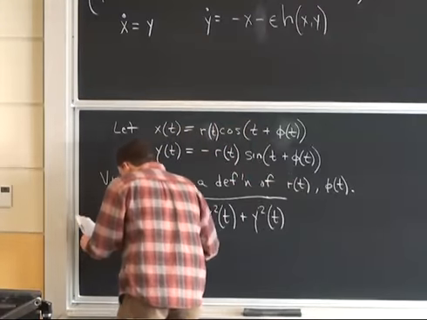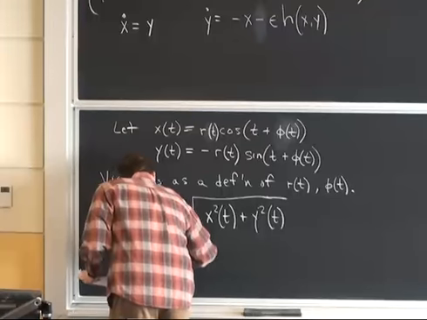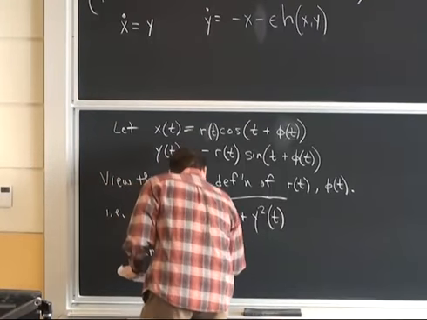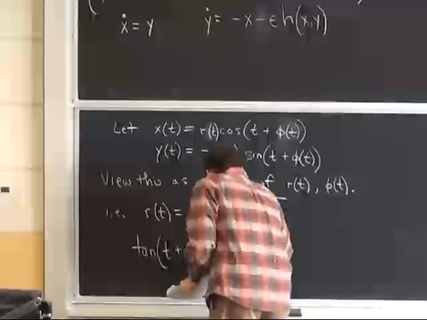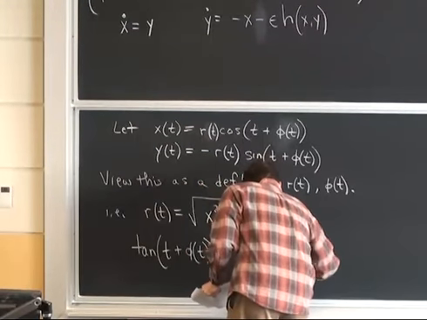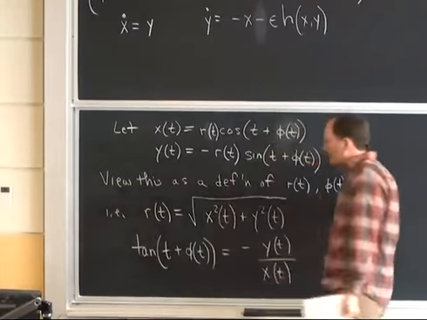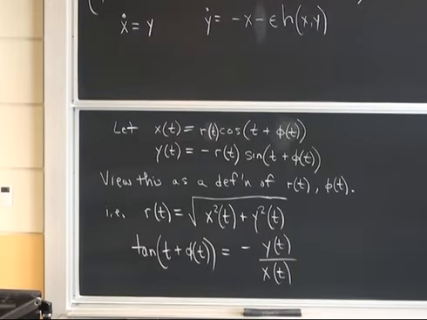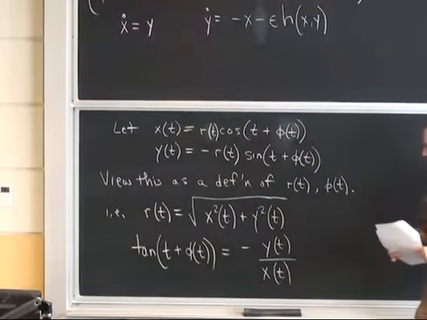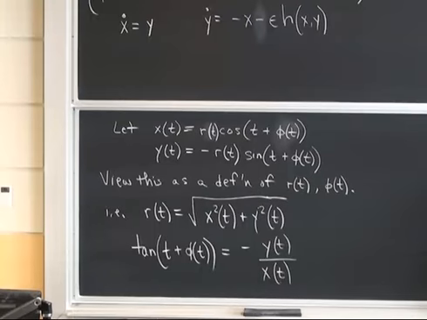And similarly, tangent of t plus phi of t defines phi as minus y of t over x of t. And I'm allowed to make those definitions, and I, in fact, have just made them. So there's no contradiction or anything. This is okay. We're going to then impose these differential equations, and that will allow us to derive our evolution equations for r and phi.